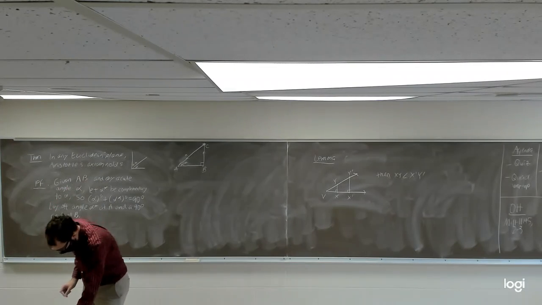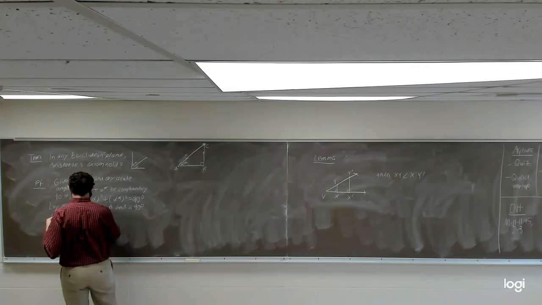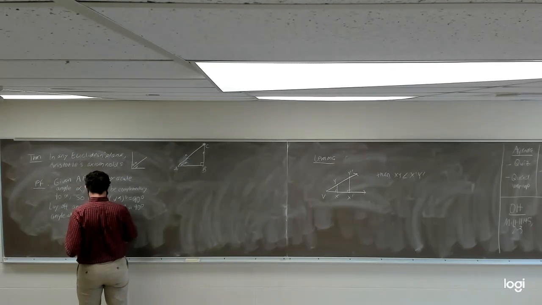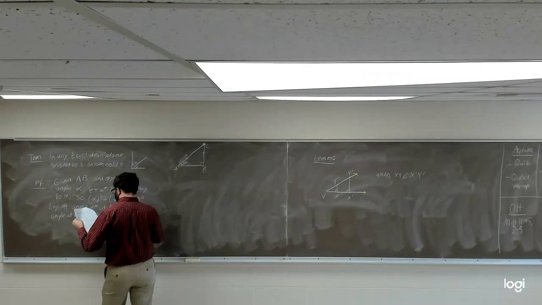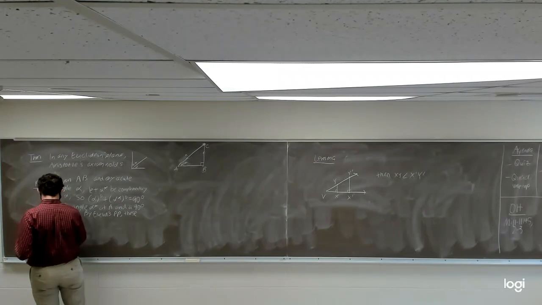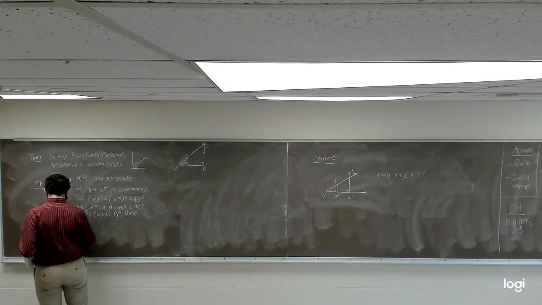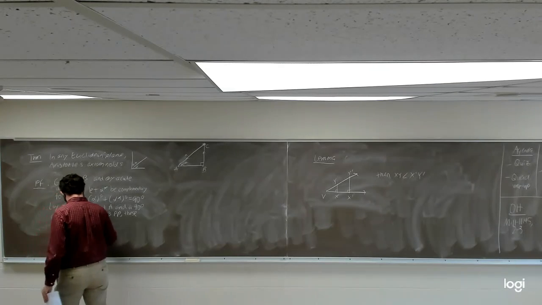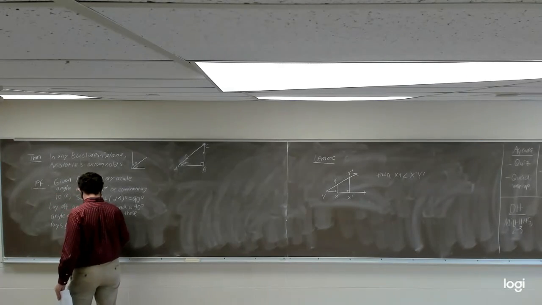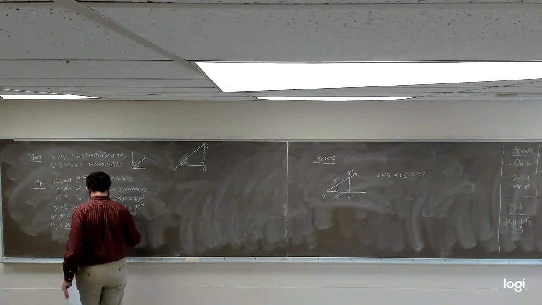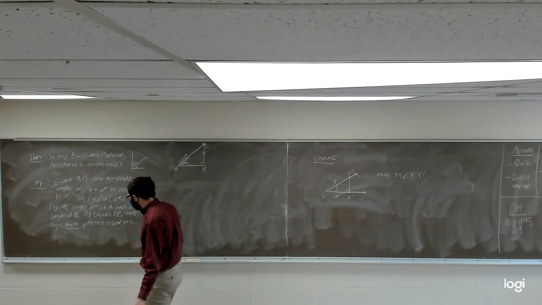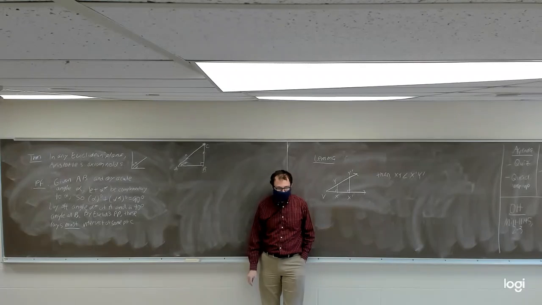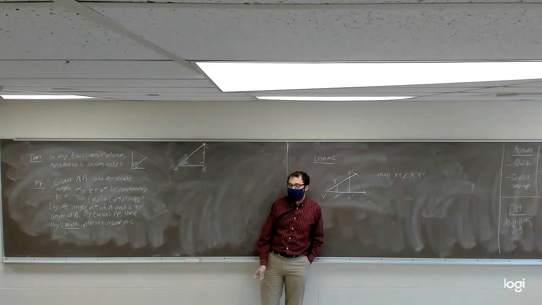So by Euclid's parallel postulate, these rays must intersect at some point C. So these two rays sticking out of AB have to intersect at C.